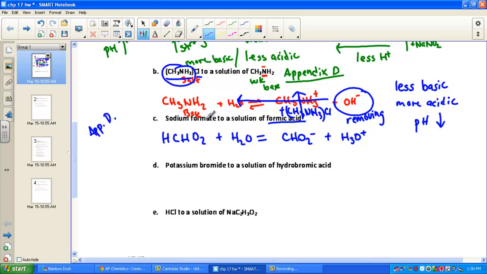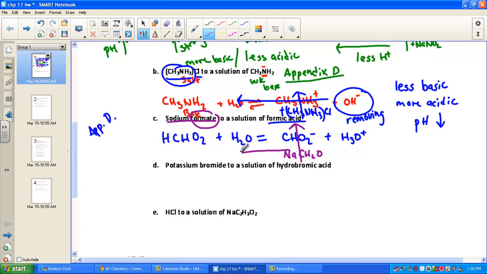What ion do we have in common with the salt called sodium formate? The ion in common is the formate. So by adding sodium formate, the ion in common increases the concentration of the formate, that negative ion.